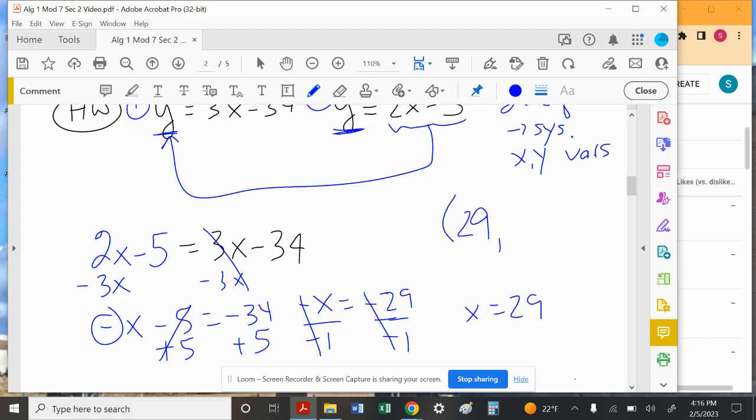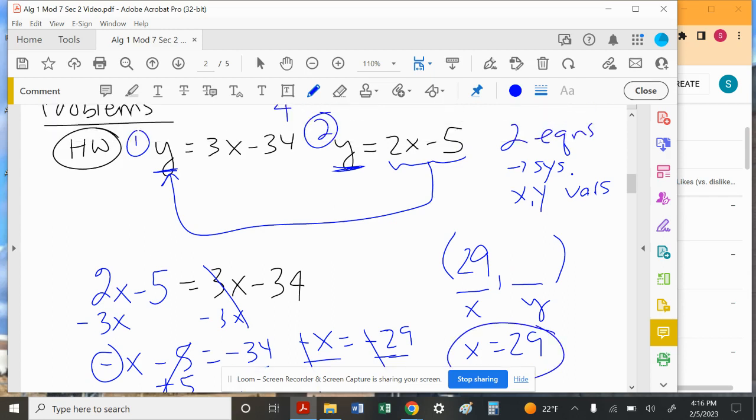Remember, when we're going through these types of problems, we're solving for an x and we're solving for a y. So we're solving for both of those variables. Okay, so now based on that, I have to figure out what y is. Now you notice that I have an x value. I'm going to look at these two equations up here. Both of them are solved for y, so I can plug this number 29 into either equation.